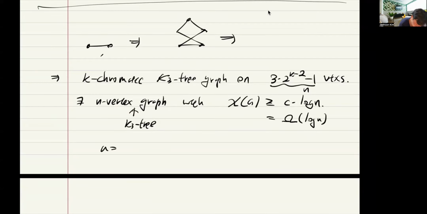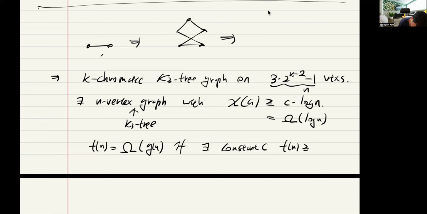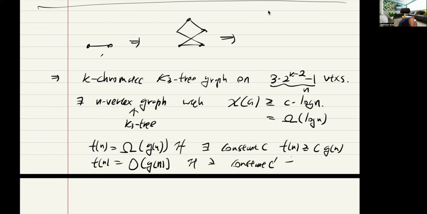So when we say A is omega of B, it's actually about functions. F of n is omega of G of n if there is some positive constant C such that this holds. And we say that it's big O of G of n if there exists again a constant C prime such that this holds.